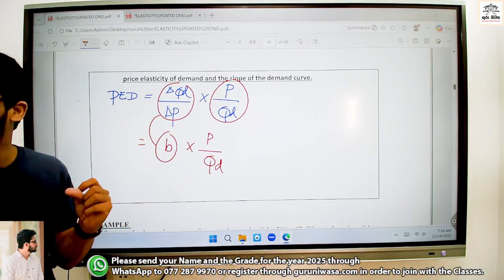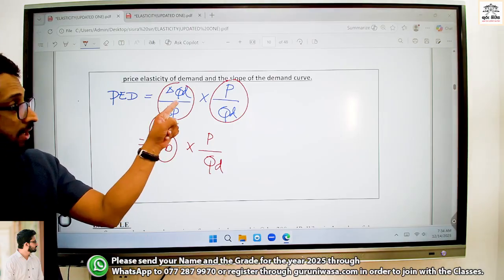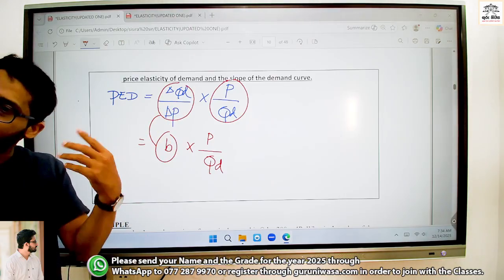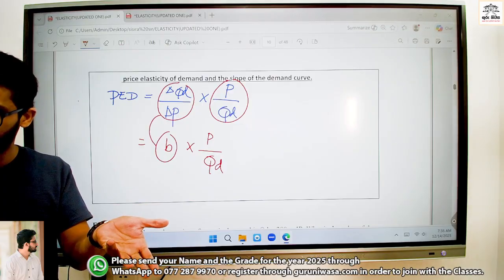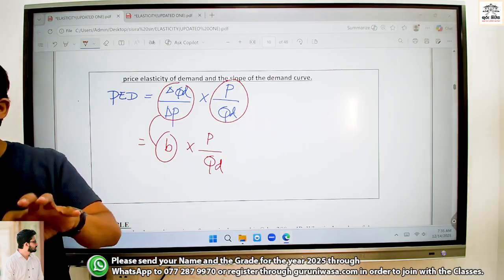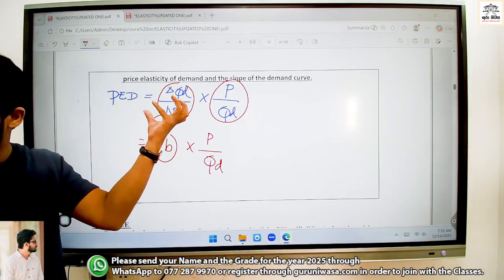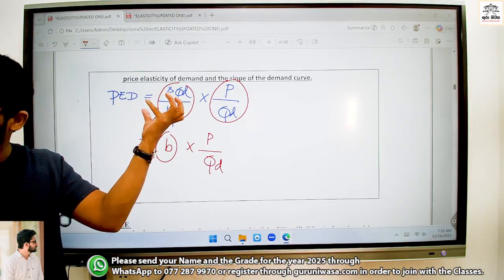Sometimes you are not given delta QD and delta P separately. Did you get the point? If you are given the value of B, you can directly substitute that value instead of the delta part. Clear or not?